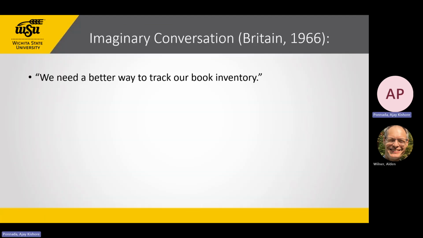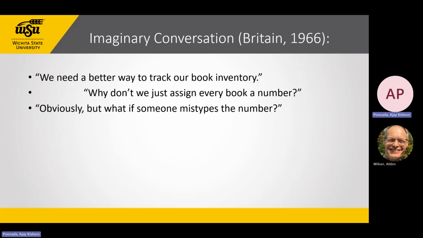So, an imaginary conversation in Britain in 1966. This should be in a British accent, but I'm not good at a British accent, so you can imagine me speaking in a British accent. Why do we need a better way to track our book inventory? Why don't we just assign every book a number?